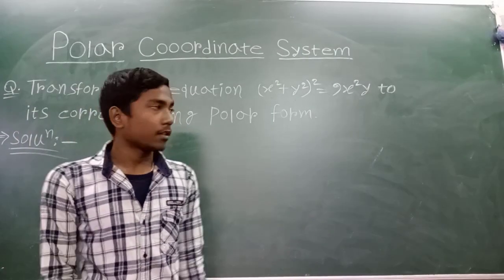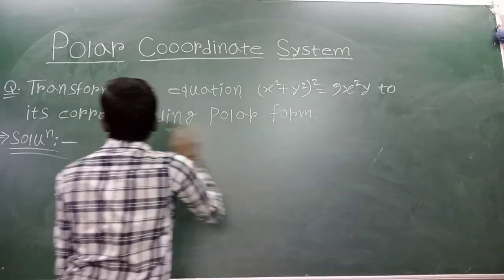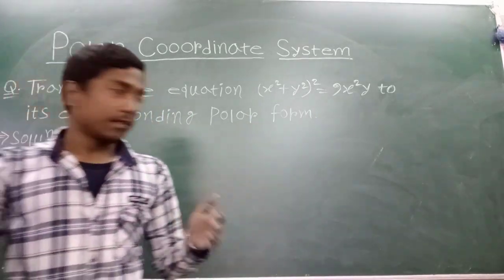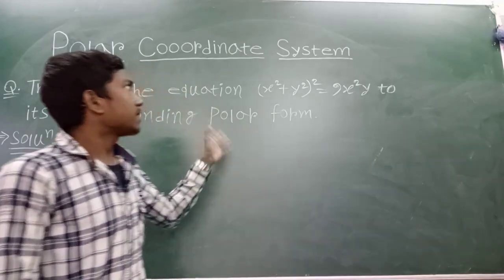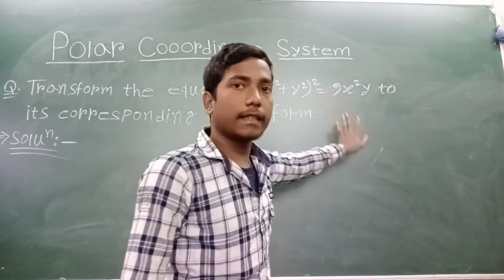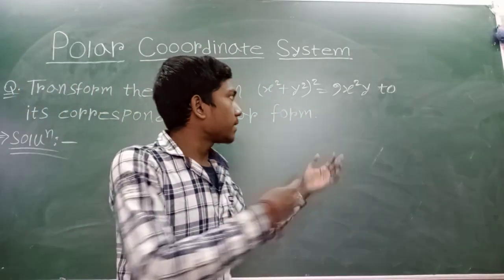So students, let's solve the problem. Transform this equation to its corresponding polar form. Now, we just found the relation between Cartesian system of coordinates and polar system of coordinates. This equation is given in its Cartesian form, and we have to transform it into its polar form.